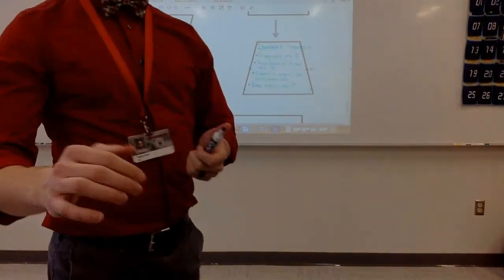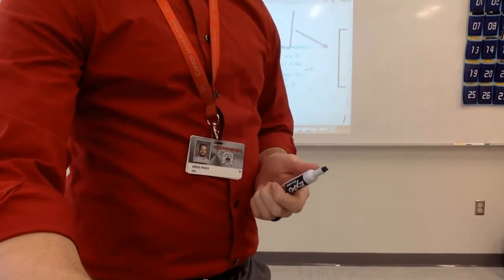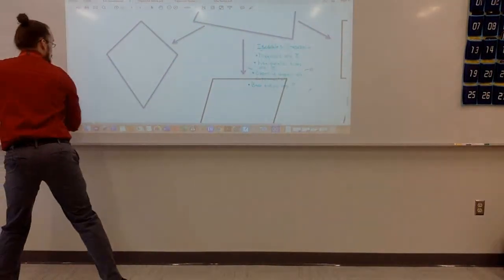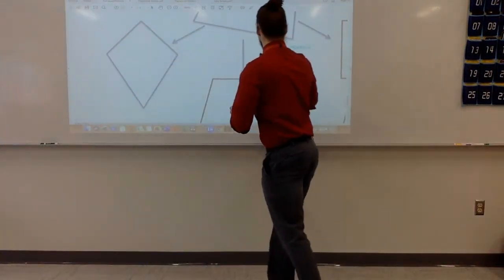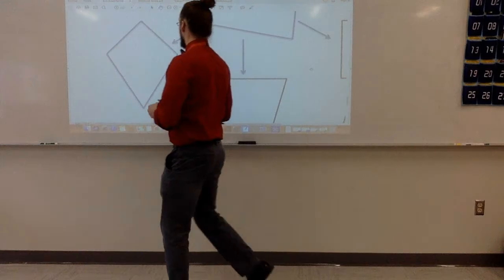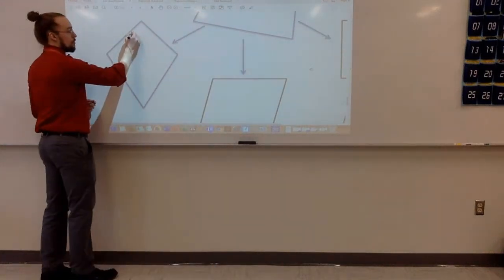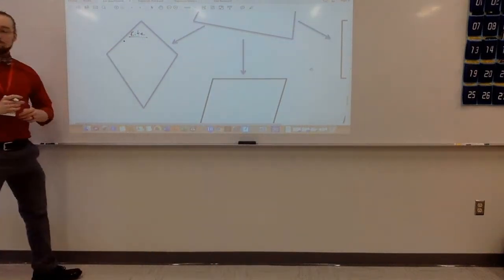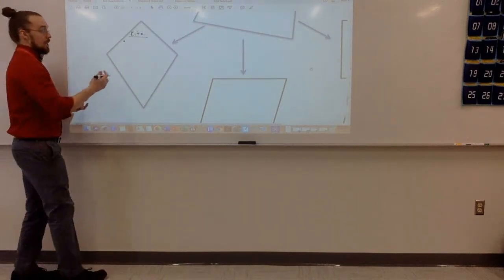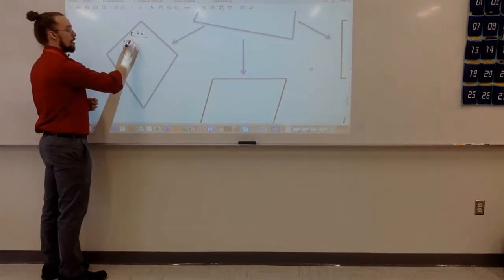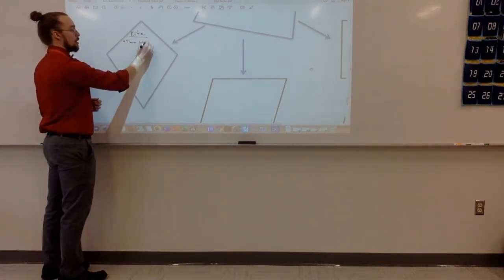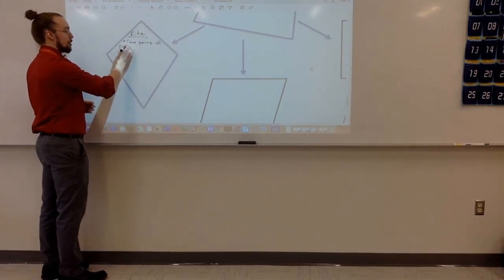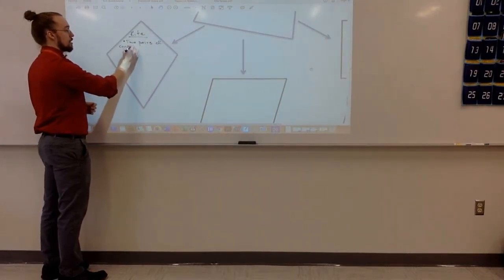All right, so let's take a look at our last shape over here, the kite. So we just looked at these properties here. So first, we know we have two pair of consecutive congruent sides.